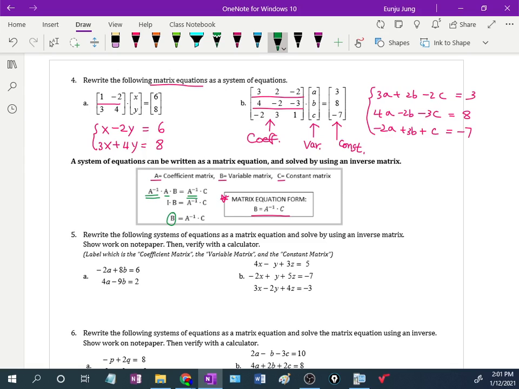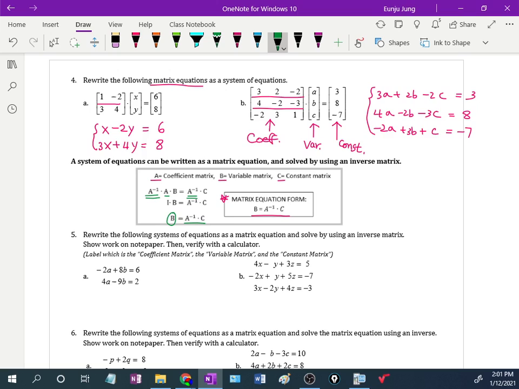Then A inverse and A together become the identity matrix, times B, and that will be B. So the form on the right-hand side is this, and that is how we solve the system of equations, okay?